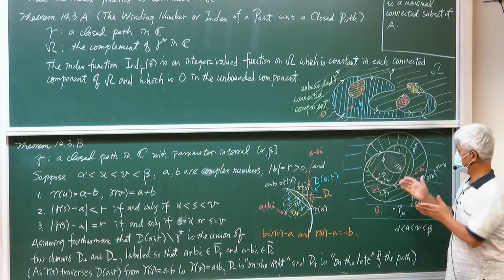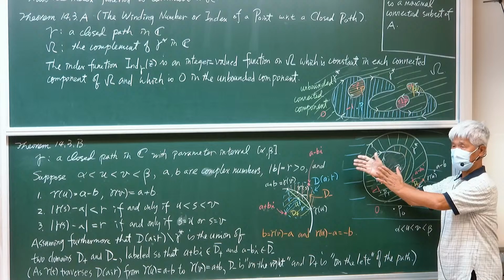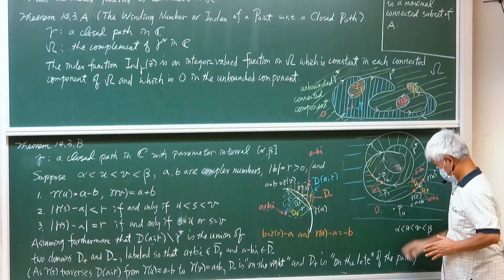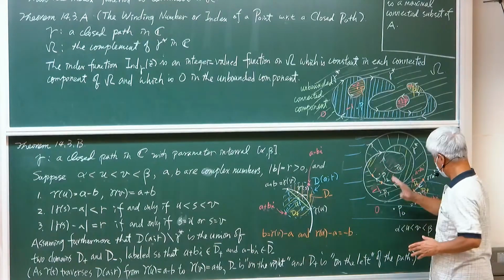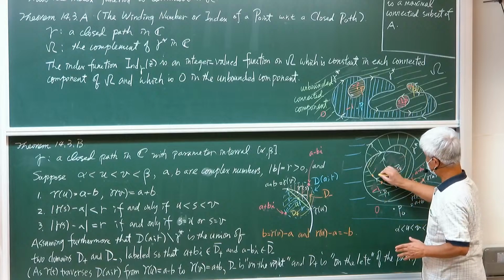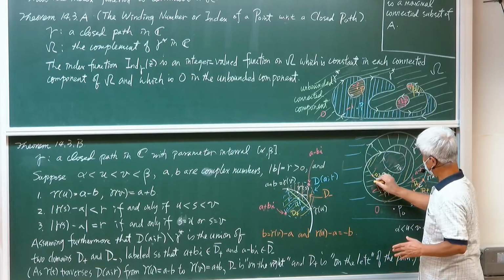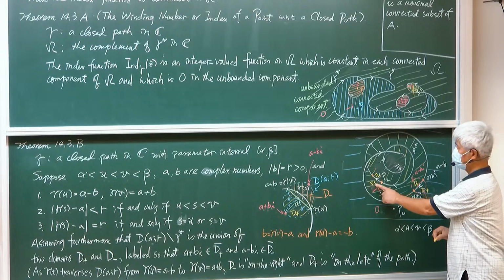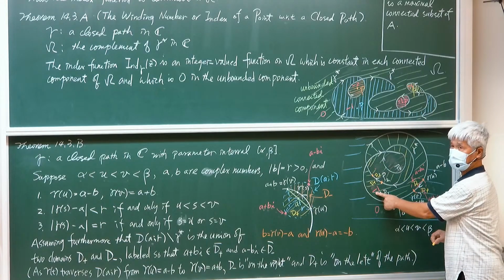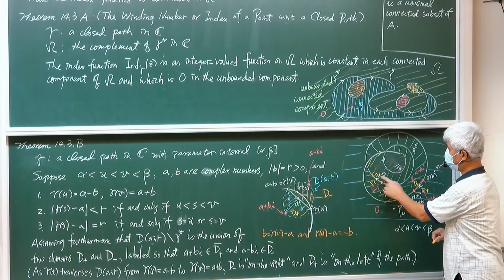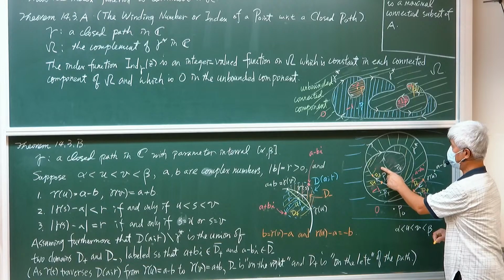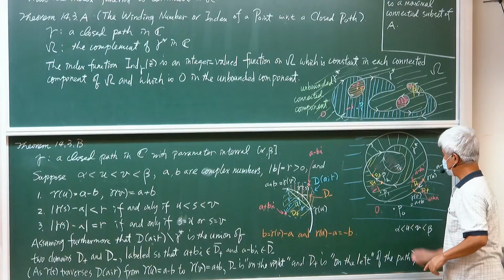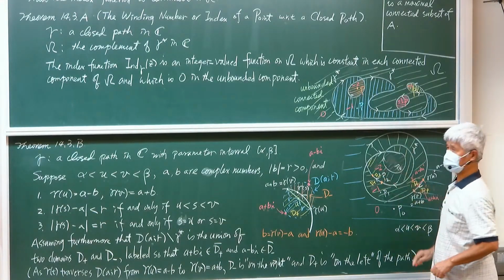Now, we go this way, right? The right-hand side here is D minus, and the left-hand side is D plus. So D plus is minus 1, which is one more than the index of the point in D minus, so the index would be minus 2.